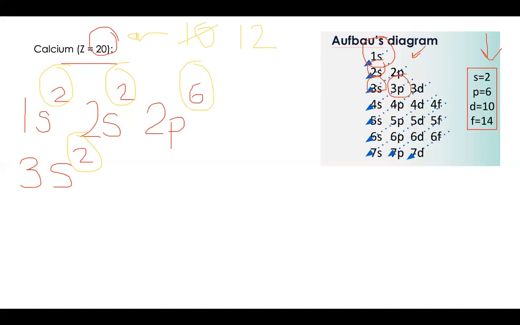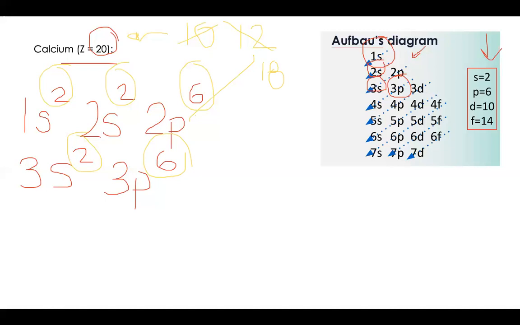So I'm going to write 3p6. With this 6 that I add, I have 6, 8, 10, 12, 18. So instead of having 12, now I have 18, and I need 2 more.